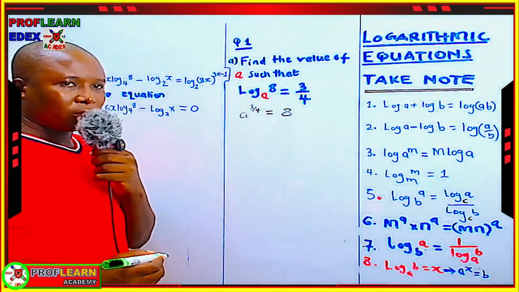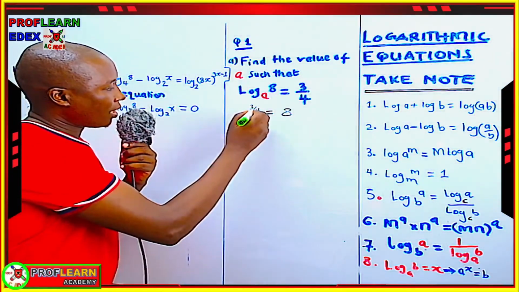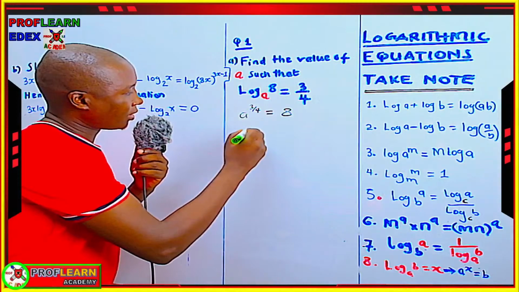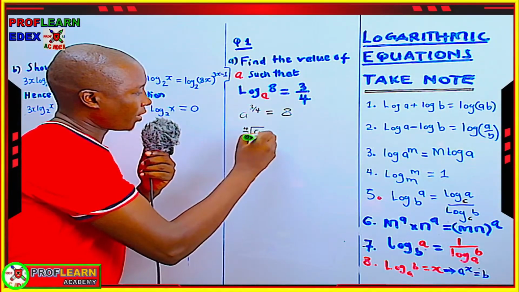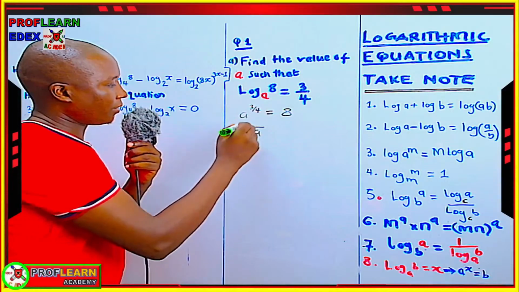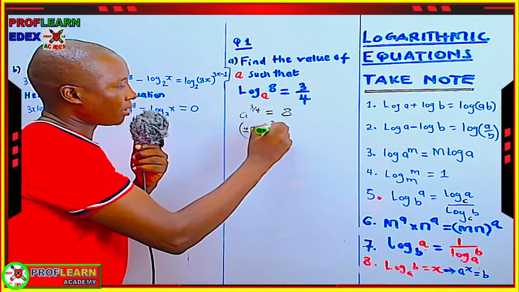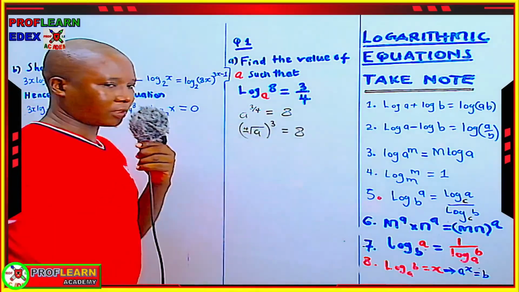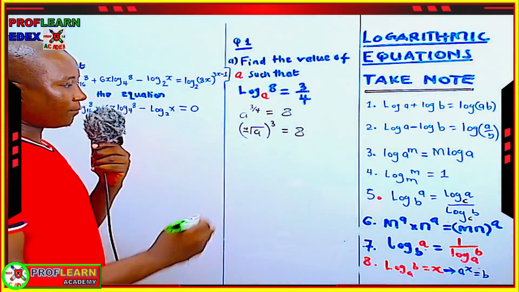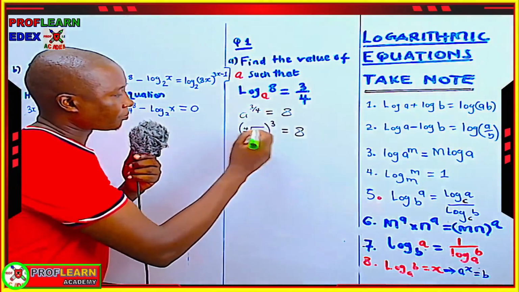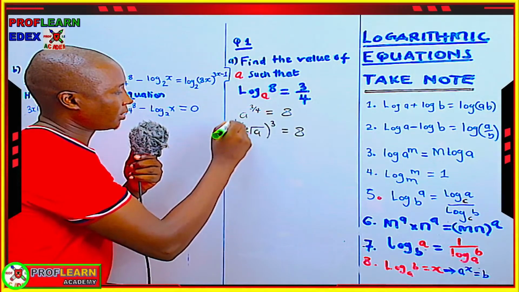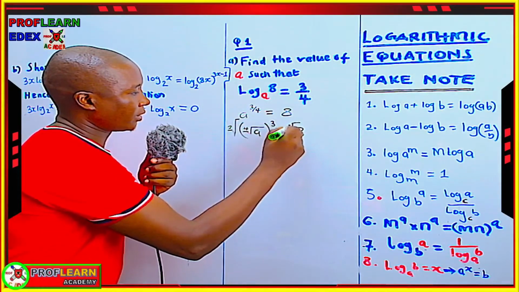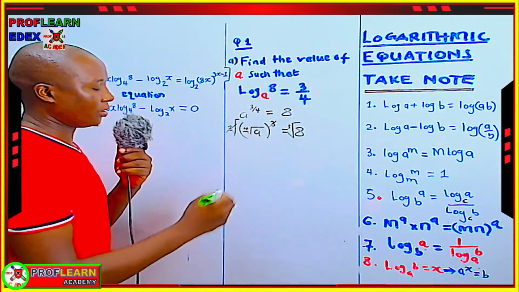From the laws of indices, we can write this as the fourth root of a, because of this 4 here. Then this is raised to power 3 equals 8, which means that we find the cube root both sides, so that this and this will cancel out.